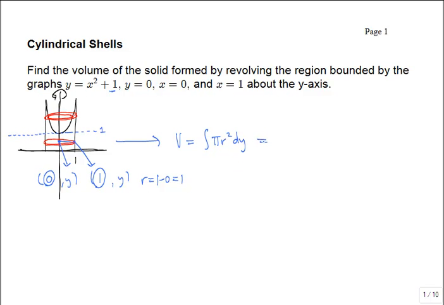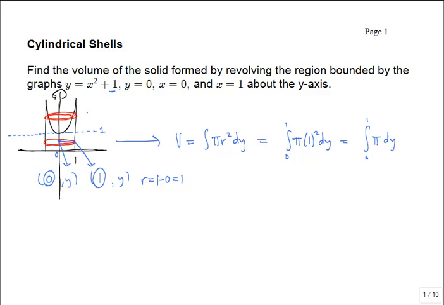For this particular problem, our r is 1, so this would become pi times 1 squared dy. And for the bounds on y, remember we want to stop when we get to 1, because then we switch to washers. So our bounds for y would be from 0 up to 1. So this is just the integral of pi dy from 0 to 1.